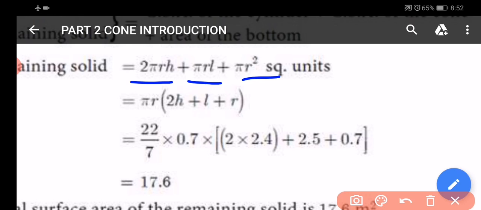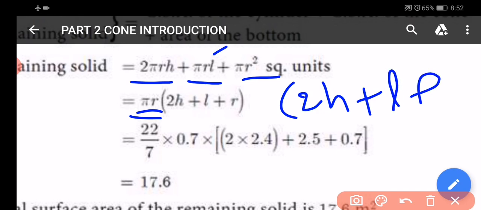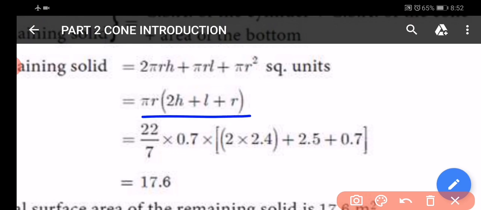From these three we take pi r as common, so remaining is 2h plus l plus r. So pi r into 2h plus l plus r, therefore equal to pi 22/7 into r is 0.7, 2 into h is 2.4 plus l is 2.5 plus r is 0.7.